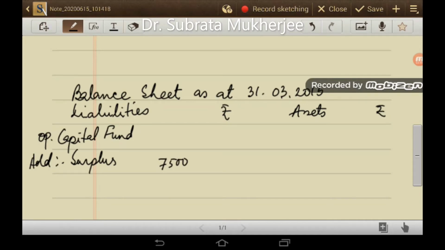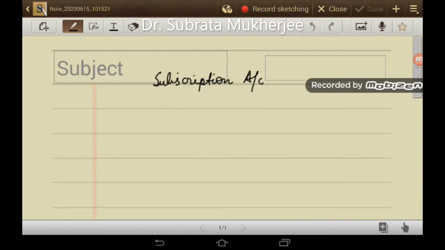Then on the income side of the income and expenditure account, the first item is subscription. I have prepared a subscription ledger, the subscription account, and the subscription account is debited to income and expenditure. So in the subscription account I am writing to income and expenditure account.